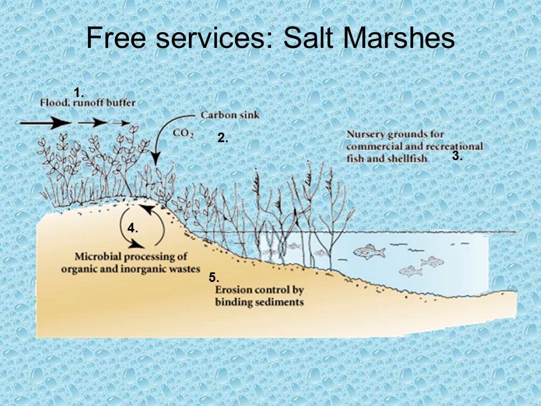It also acts as a nursery ground for many commercial and recreational fish and shellfish. There's microbial processing of organic and inorganic waste throughout these habitats. And you have erosion control by binding sediments. So the fact that you have these plants there acting as sediment stabilizers, you essentially avoid the erosion of sediments out into a deeper area of the water. So these are some of the free services that we get from salt marshes.